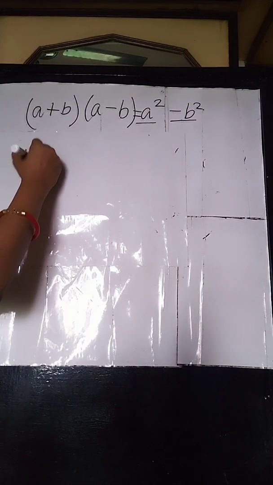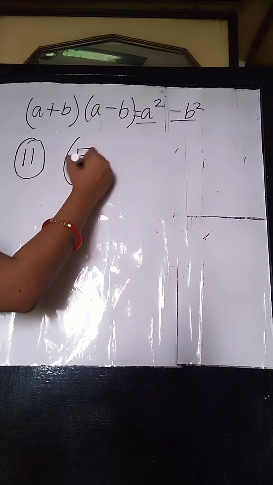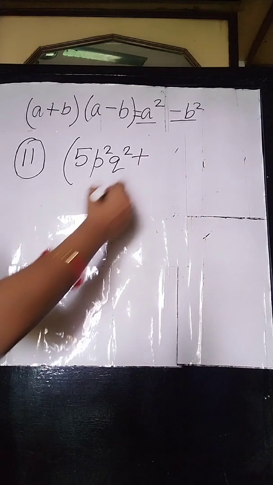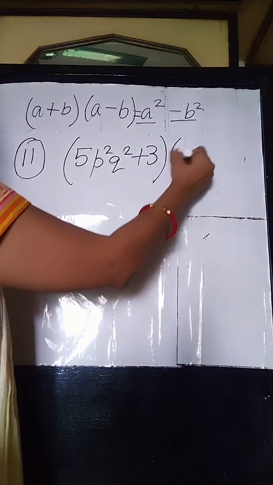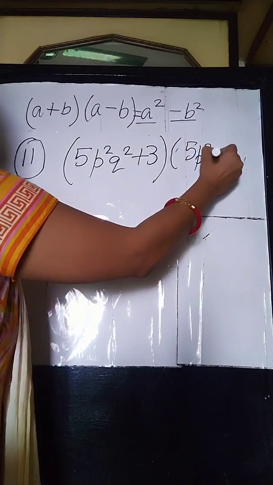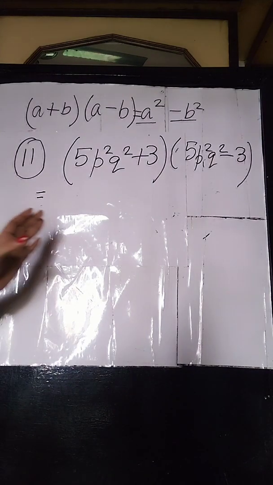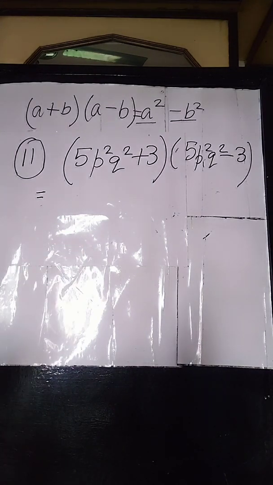In sum number 11, it is given that (5p square q square plus 3) and (5p square q square minus 3). So we will again relate the formula (a plus b) and (a minus b) and solve this sum.